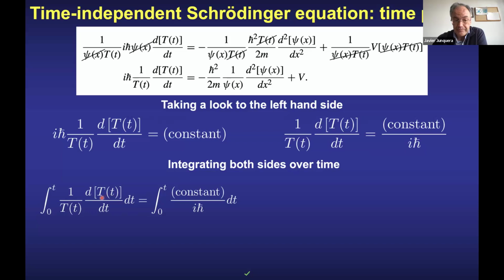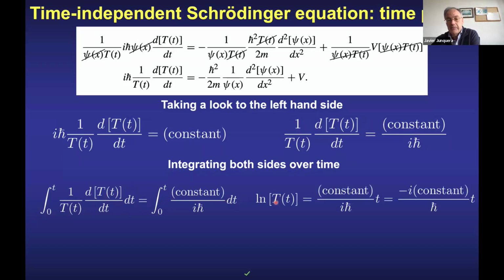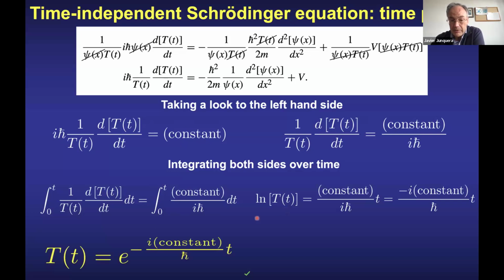And then on the left-hand side, I will have the natural logarithm of this capital T function. And for the right-hand side, I will have the constant of integration divided by the imaginary number and H bar. Those are constants that will move out of the integral, times time, okay? And then finally, we take the exponential on both sides of the equation, and we end up with an expression like this.